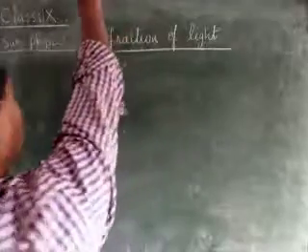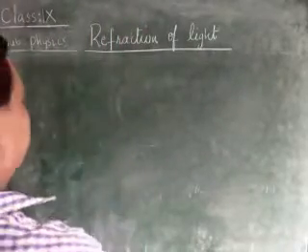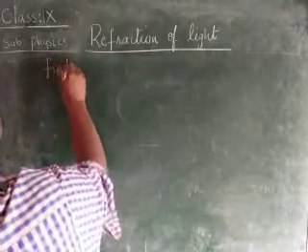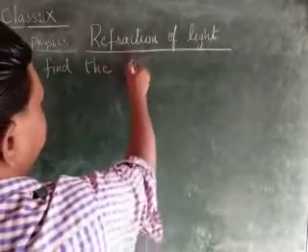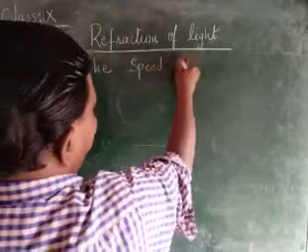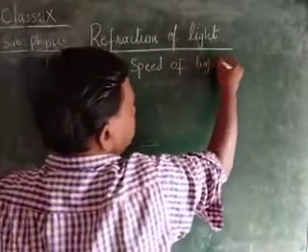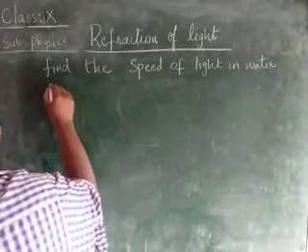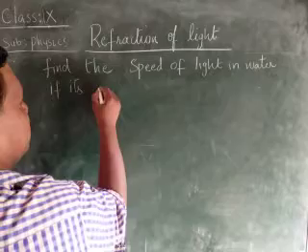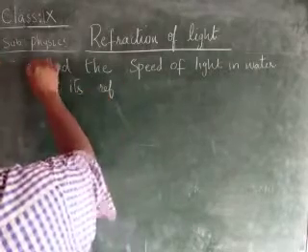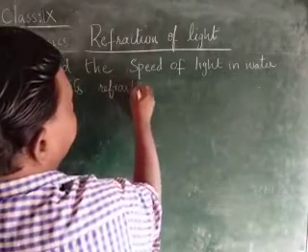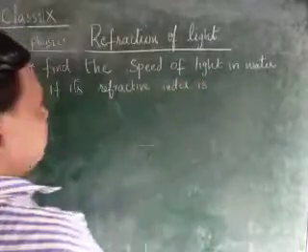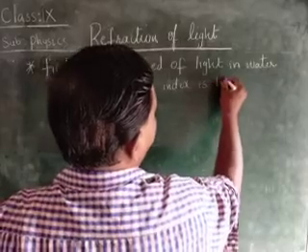Now, see here, children. Find the speed of light in water if its refractive index is 1.33.